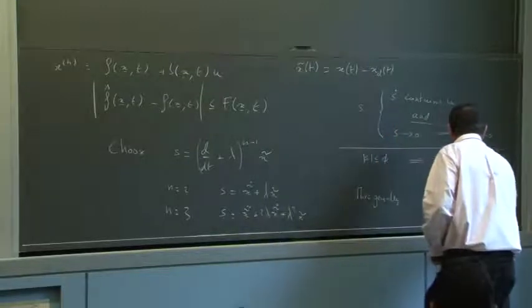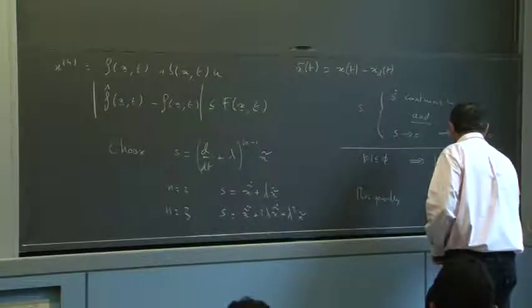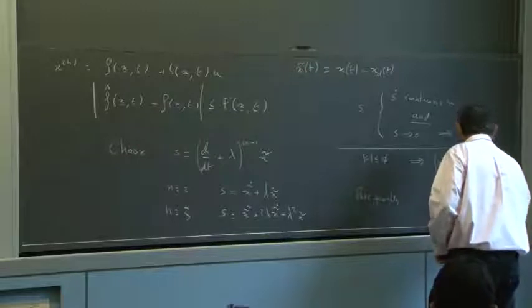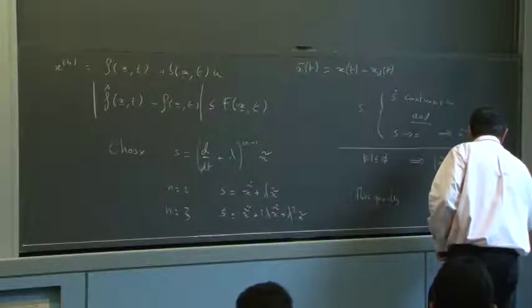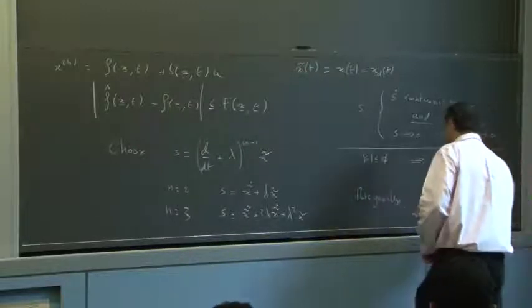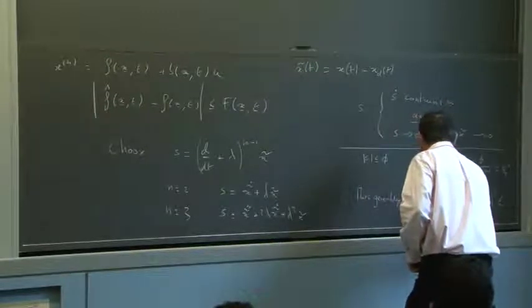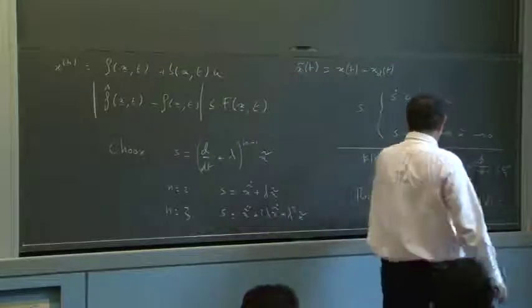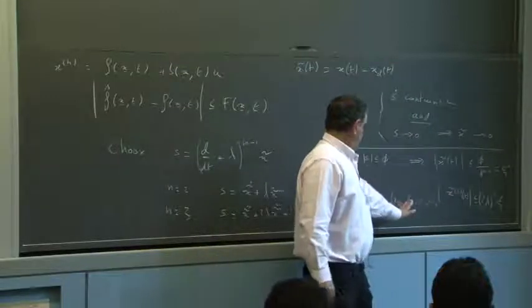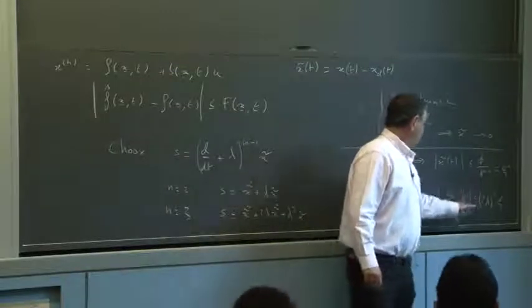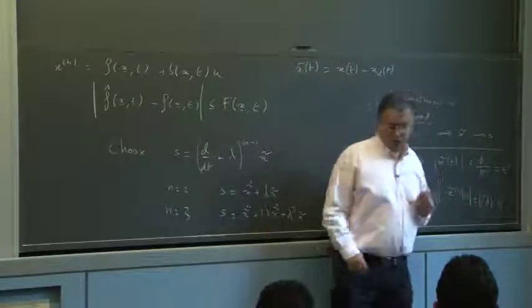You can show that more generally, not only x tilde, but all its derivatives up to order n minus 1, for i equals 0 to n minus 1, the absolute value of x tilde to the i of t is less than 2 lambda to the i epsilon.